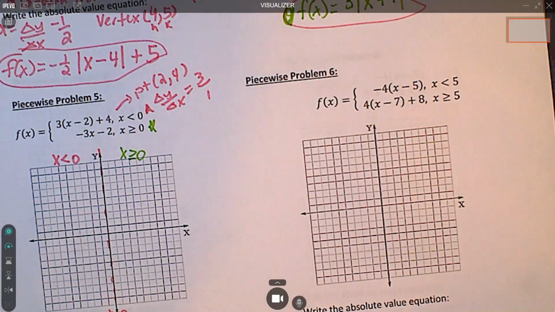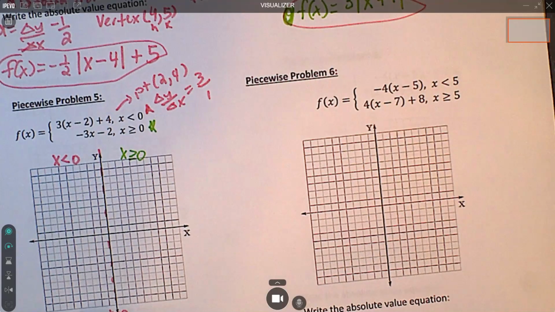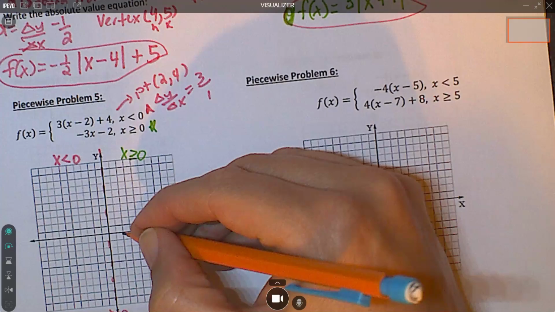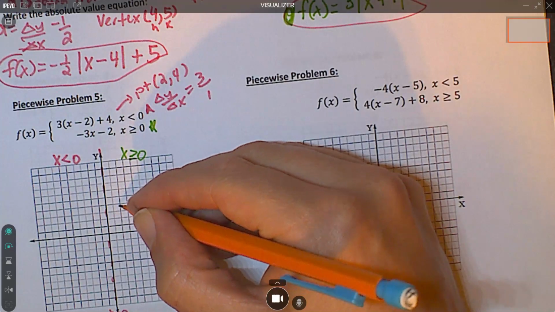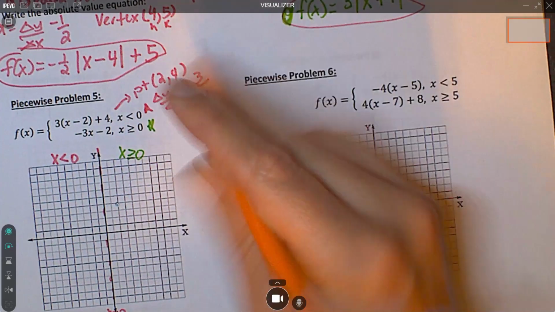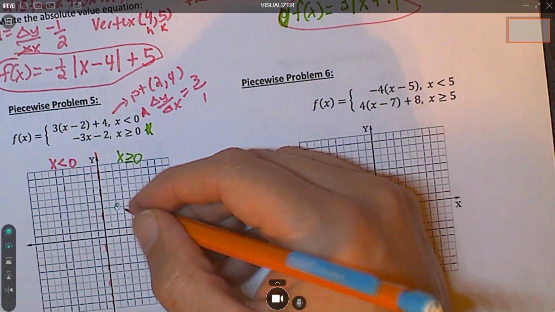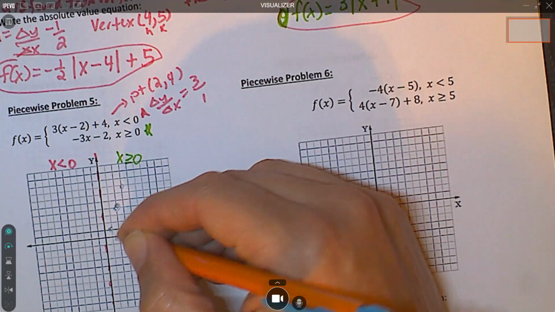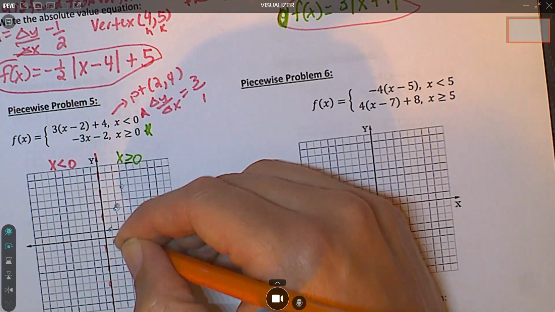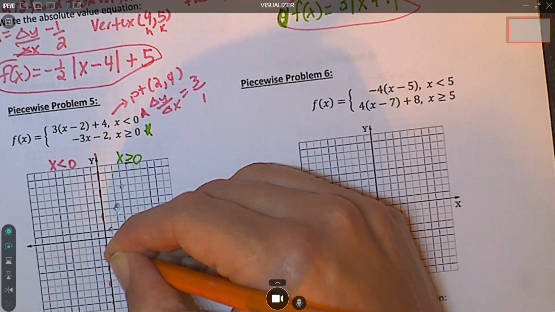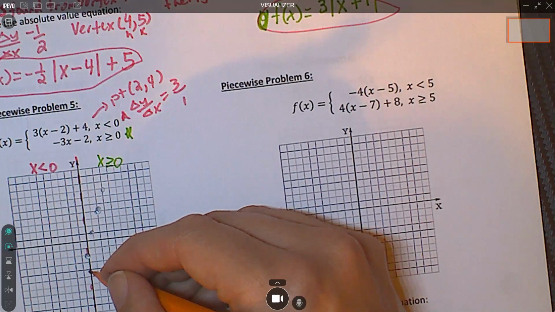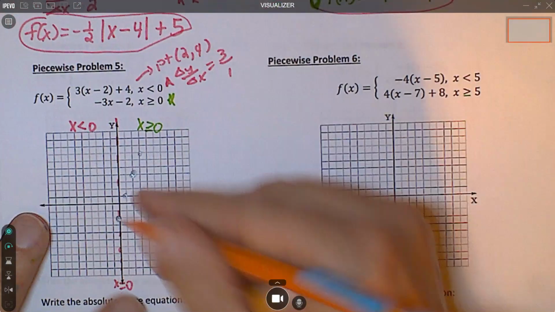Okay, so this is the erase later technique. Okay, this is the erase later technique. I'm going down 3, left 1.